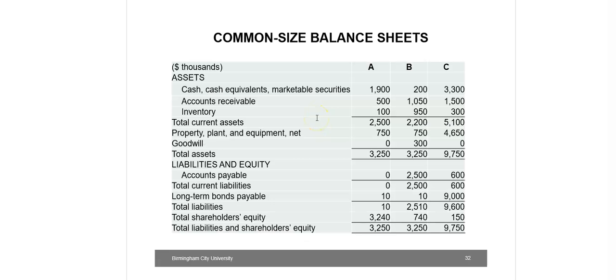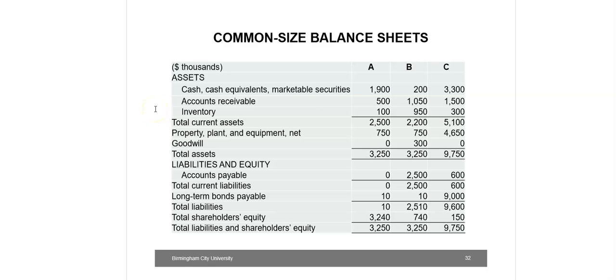Common size balance sheets are just like common size income statements, where we learned that each item of the income statement was represented as a percentage of total revenue. Here, in common size balance sheets, we calculate every line item as a percentage of the total assets of the company.